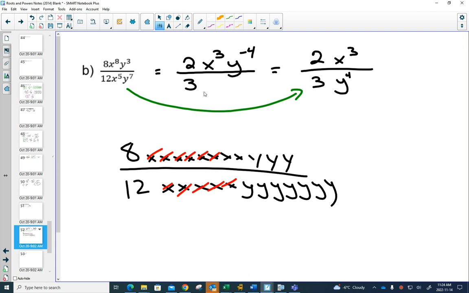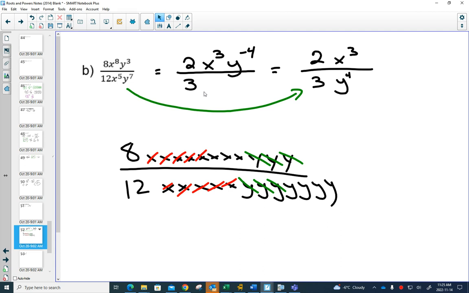I canceled out too many. Count 1, 2, 3, 4, 5 of them cancel out. You're left with 3 x's on the top. And when you cancel out your y's, 1, 2, 3, 1, 2, 3, you'd be left with 4 y's on the bottom. Oh, I see what you're doing.